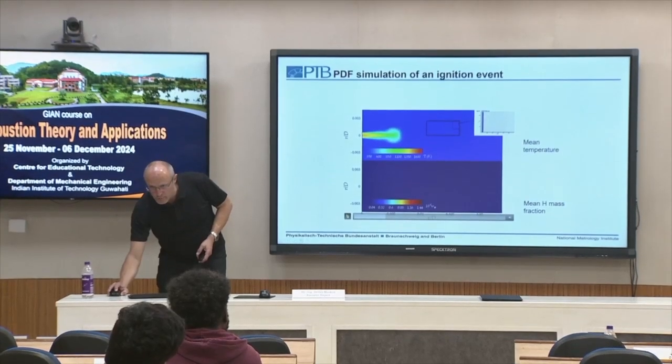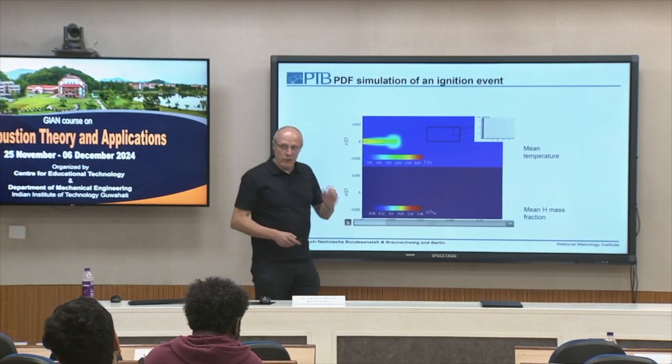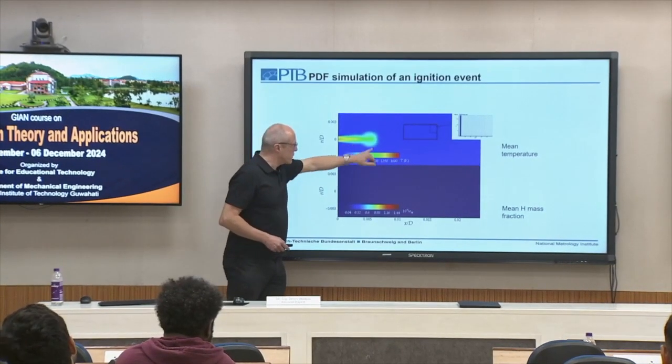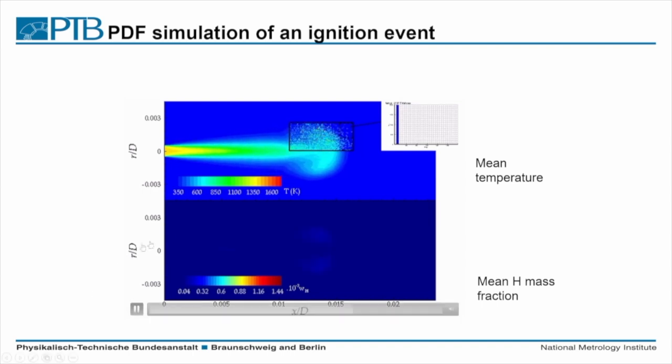So you see here the hot flow leaving the nozzle, with a temperature around 1350 Kelvin at the outlet. There are no H radicals visible, so it's hot exhaust gas. And then it continues.